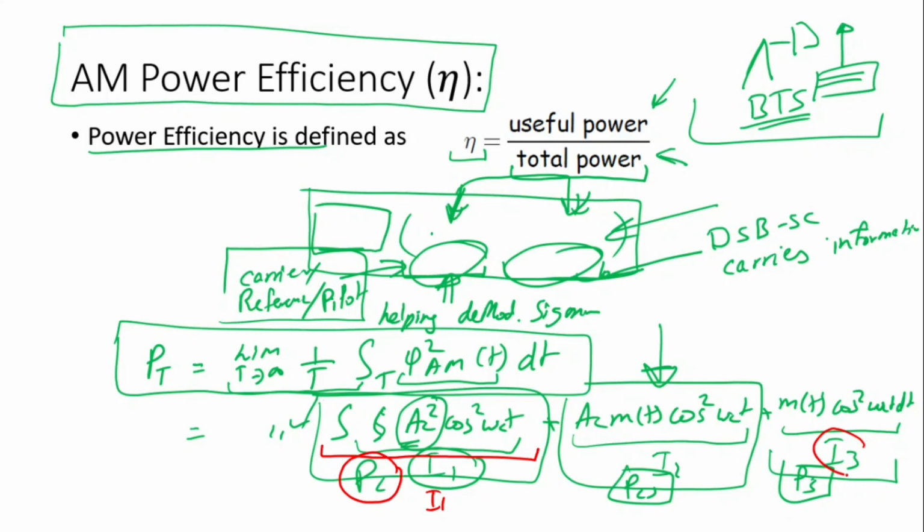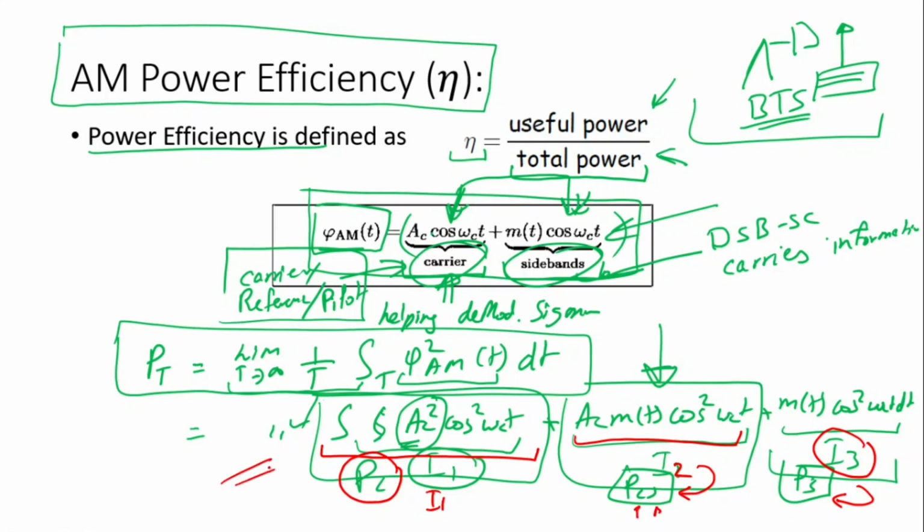The third, I3, links with the power in the sidebands, P_S, and the in-between term, I2, links with the power in both the carrier and sideband. And these three terms are coming by completing the square of this expression. Now let us analyze the first term, the second, and the third.